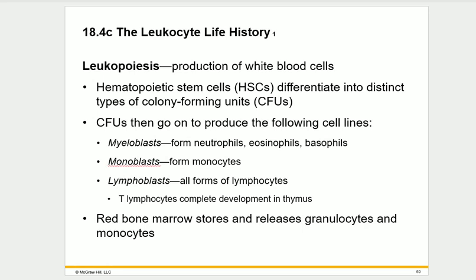Myeloblasts ultimately differentiate into 3 types of granulocytes, the neutrophils, the eosinophils, and the basophils. The monoblasts, which look identical to myeloblasts, lead ultimately to monocytes, and then the lymphoblasts produce all lymphocyte types.